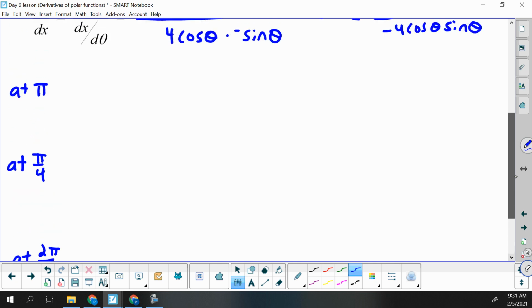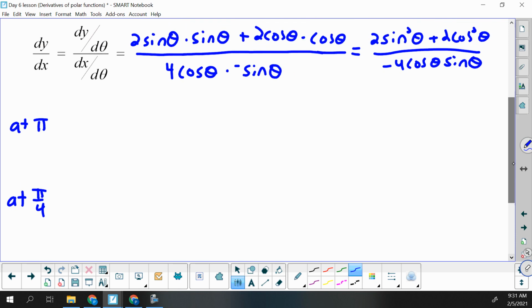So let's start it out at pi. dy over dx is going to equal 2 times whatever sine of pi is squared. Well, sine of pi is just 0, plus 2 times whatever cos of pi is squared.